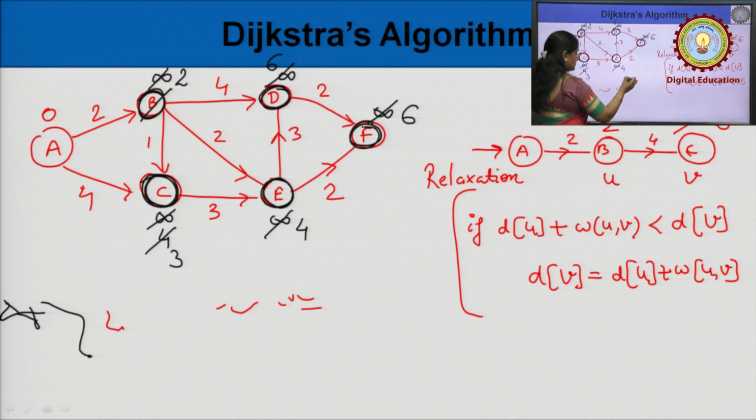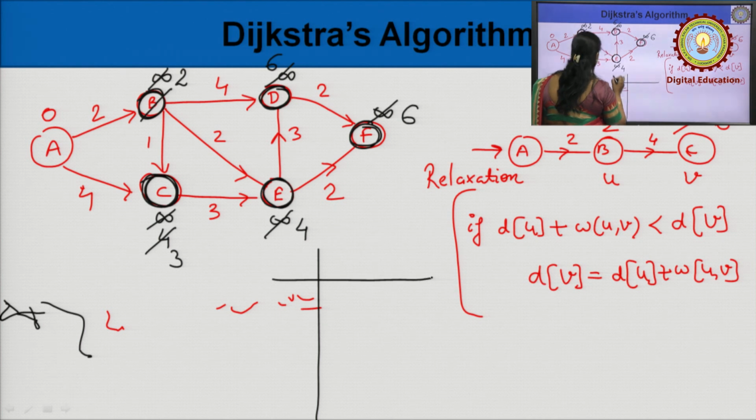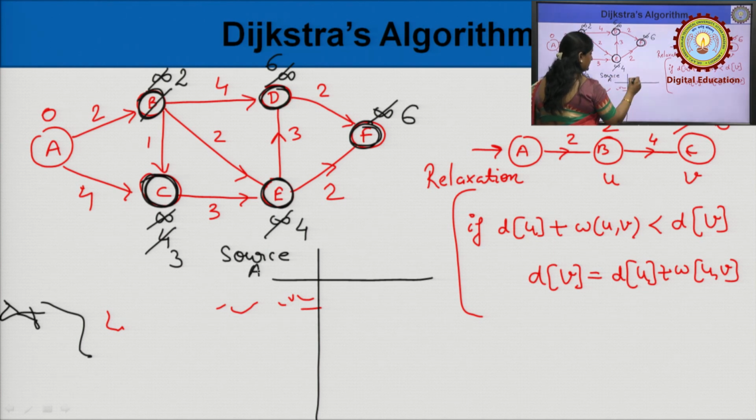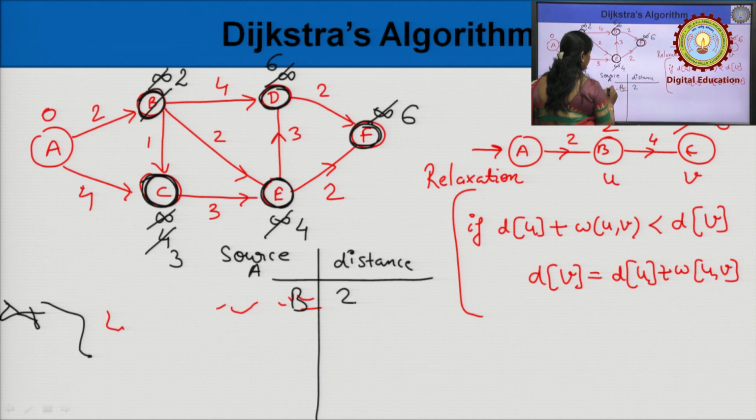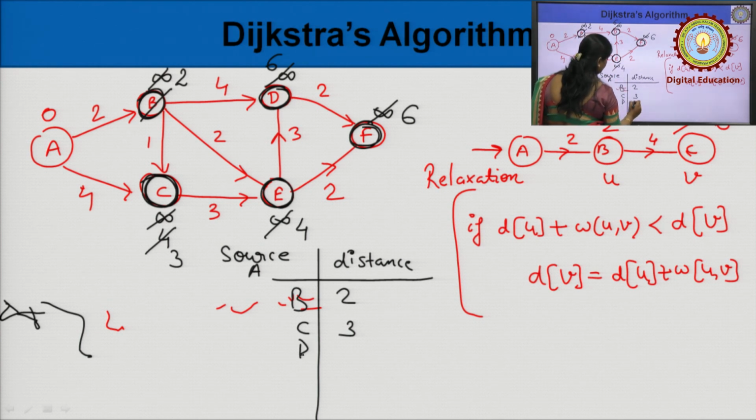So from the source vertex A, the distance to vertex B is 2, A to C is 3, A to D is 6, A to E is 4, and A to F is 6.